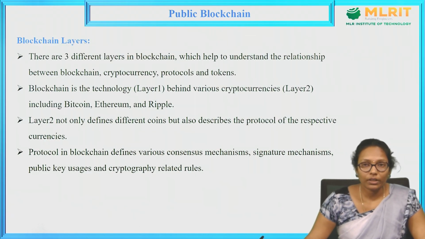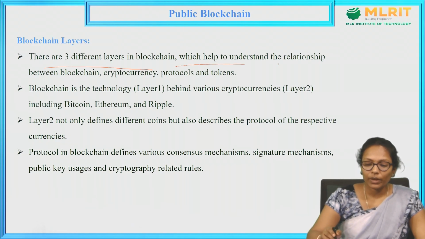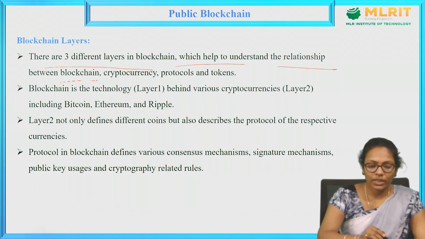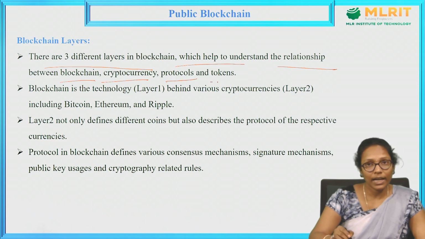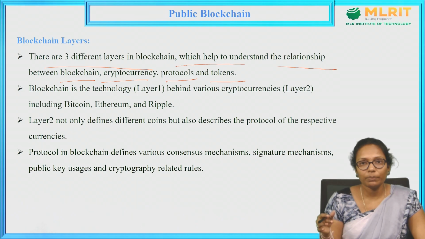So the next topic is blockchain layers, or the blockchain architecture, we can say. In blockchain architecture, we have 3 different layers here, which provide the relationship between blockchain, cryptocurrency, protocols and tokens. So this blockchain layers diagram will provide a relationship among all these things.